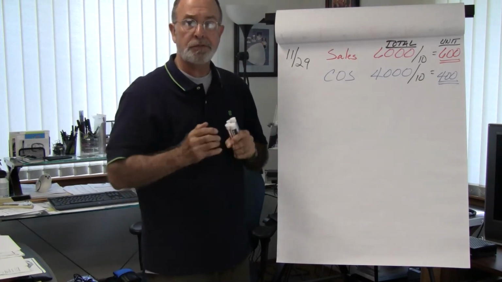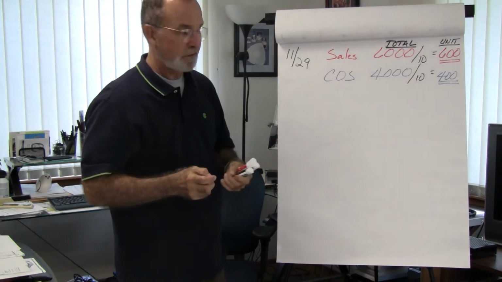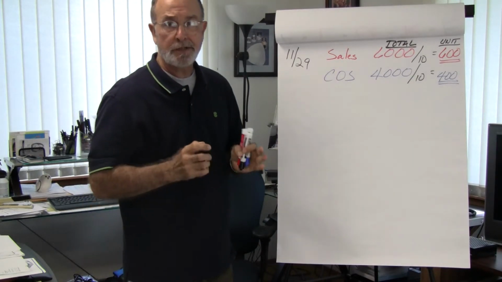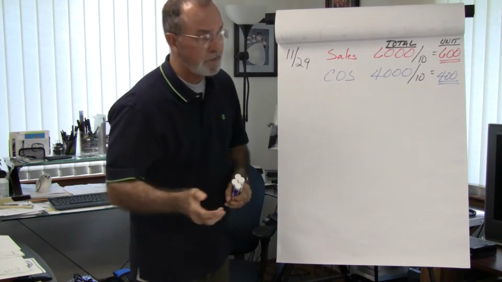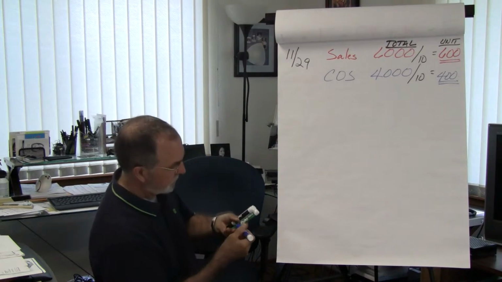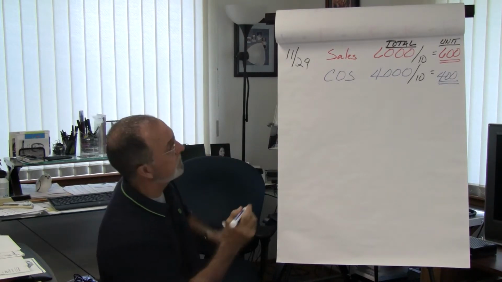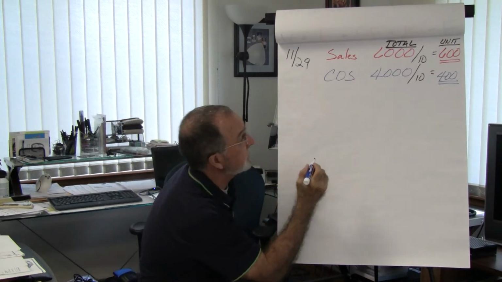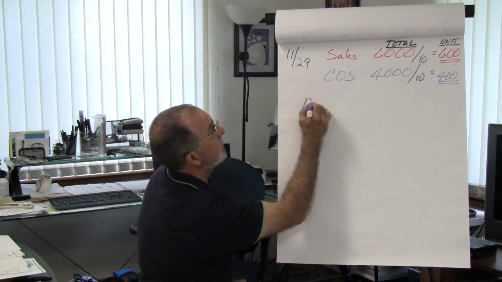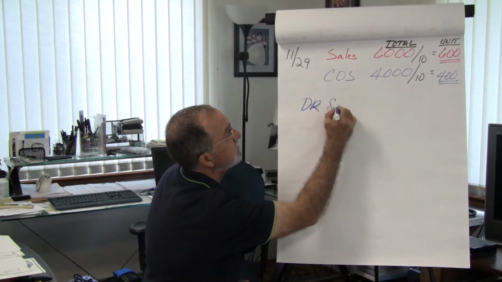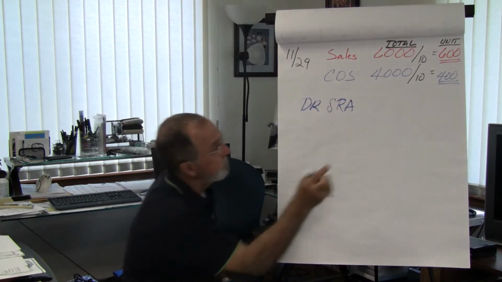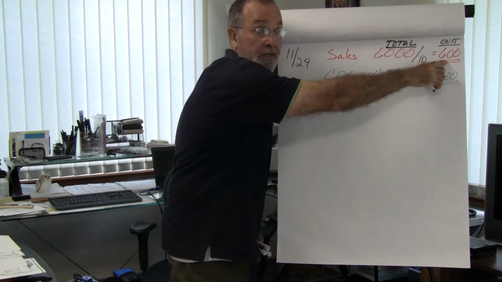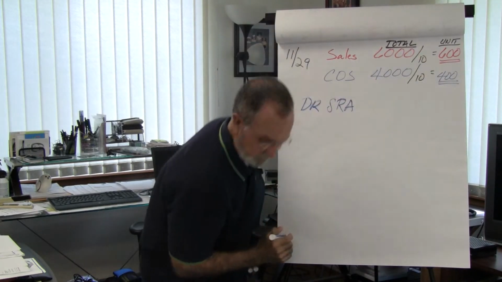We're not going to reduce the sale amount. Rather, we use that contra revenue account that we talked about in the previous lesson. And that contra revenue account is our sales, returns, and allowances account. So we will debit sales, returns, and allowances for the amount of one item returned at the selling price.